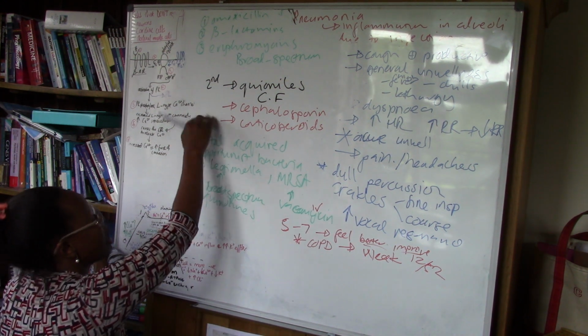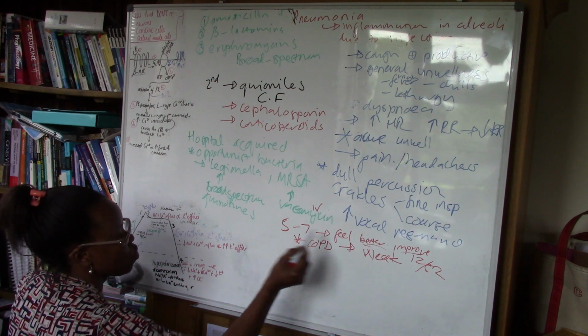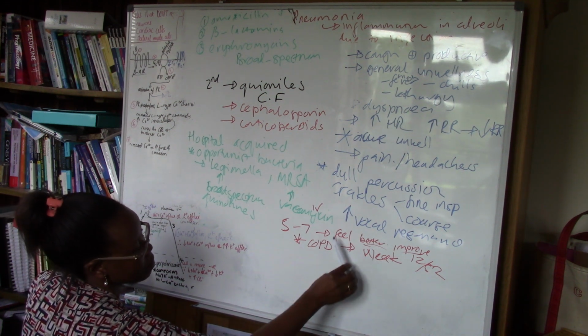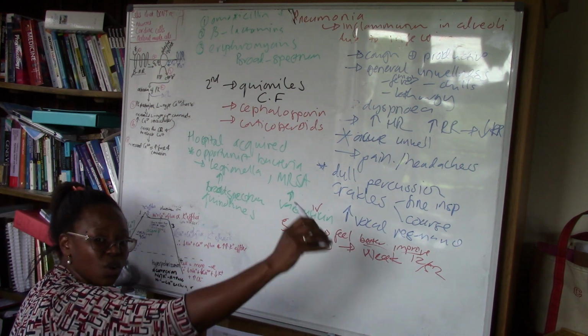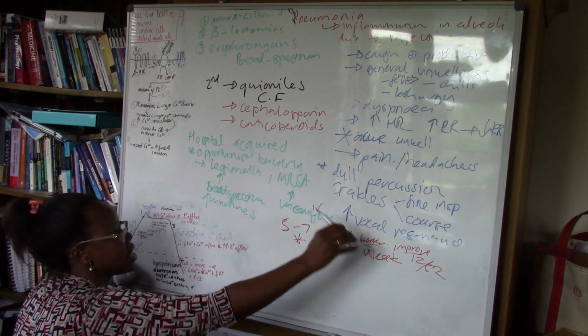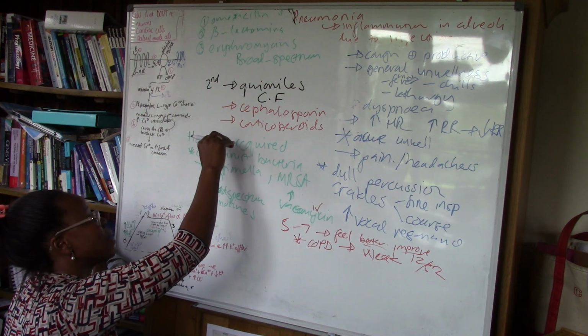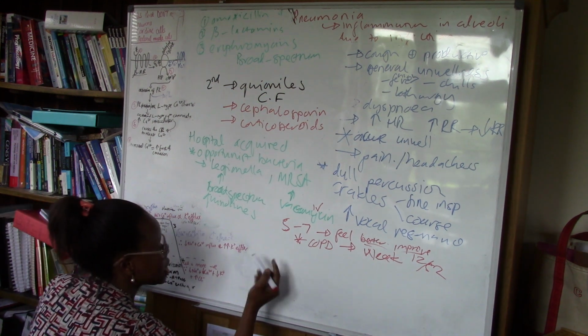People in hospital, again, it's still the same picture. We expect some improvement in the first week, and then treating any other conditions that are there until they get better.